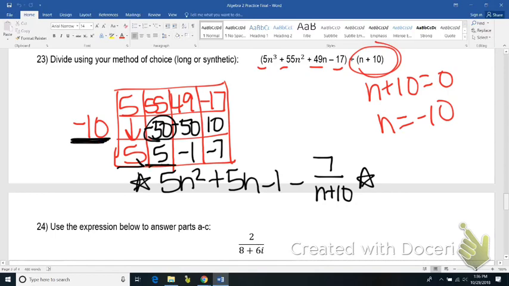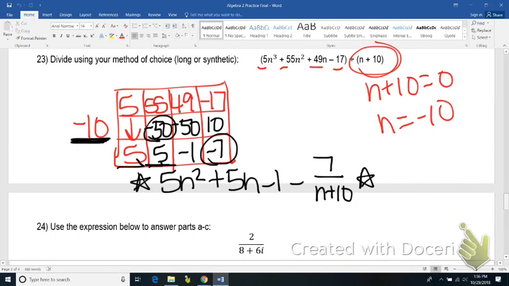This one times this one. Yeah, so you're constantly doing add going down, multiplying diagonally. The number out here times the bottom, you put it in the next column. Then you add going down that column. And then negative 10 times negative 1 is 10. Add.